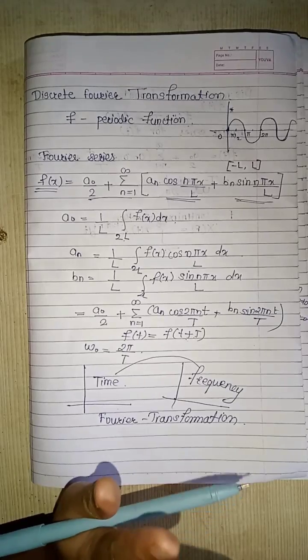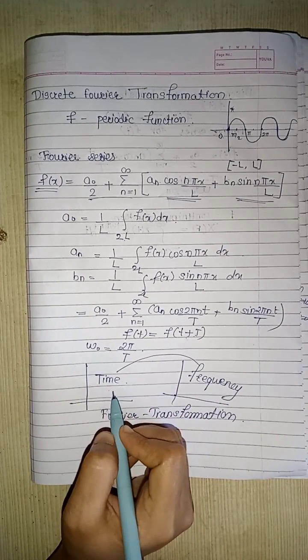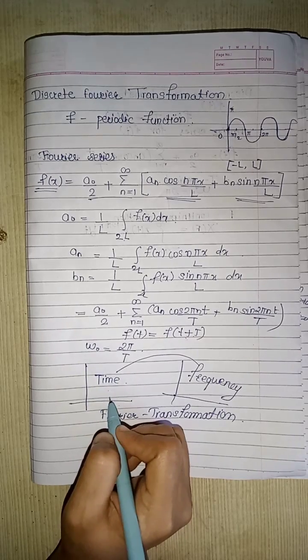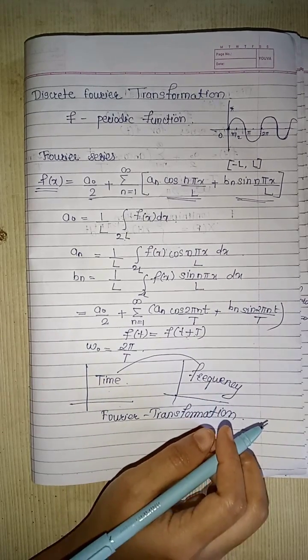Basically you have a periodic function in the time domain, and you apply some formulas on this function to convert it into the frequency domain.